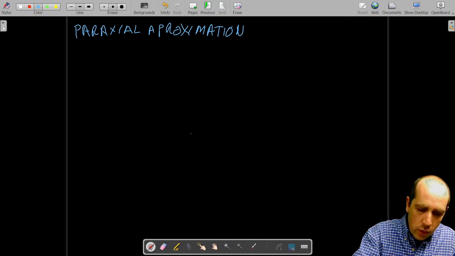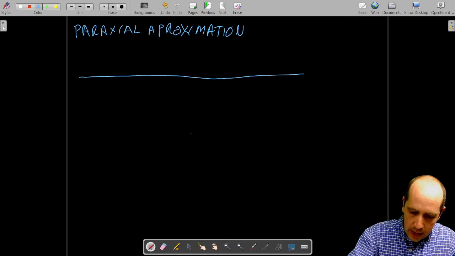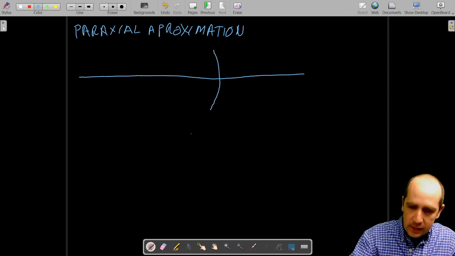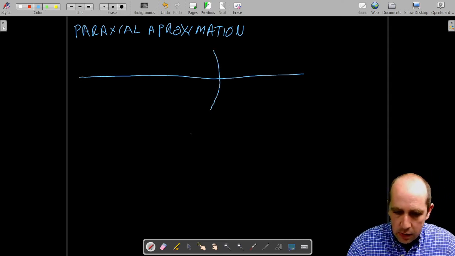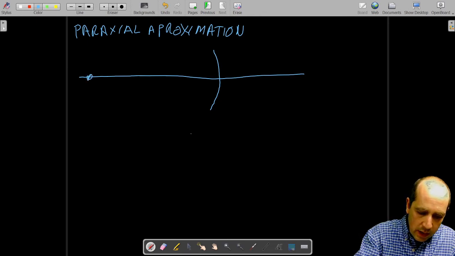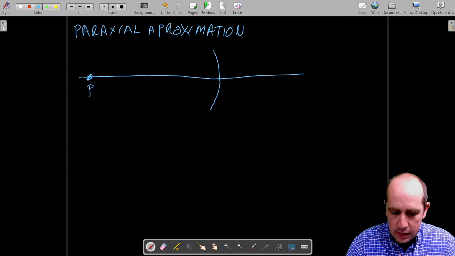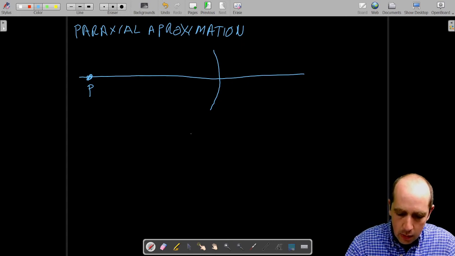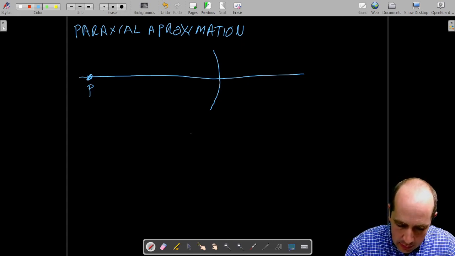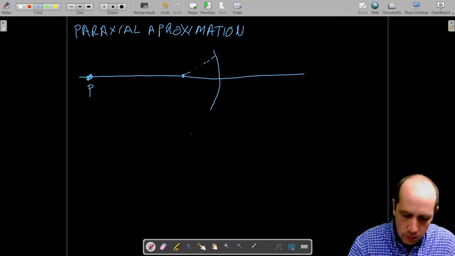So I will draw the diagram here again. We have the optical axis, we have the reflecting spherical mirror. We have the point P where the object is, and we have the normal here, which is a radius, as you remember.